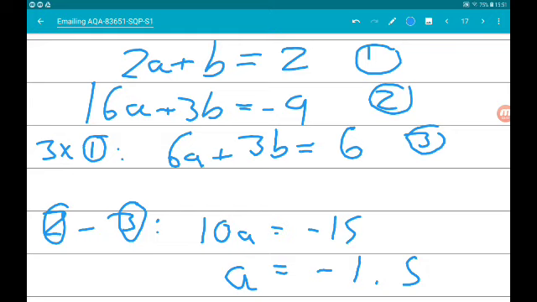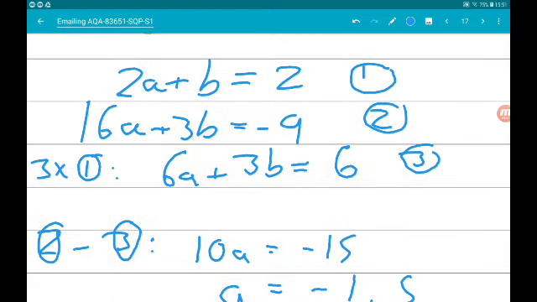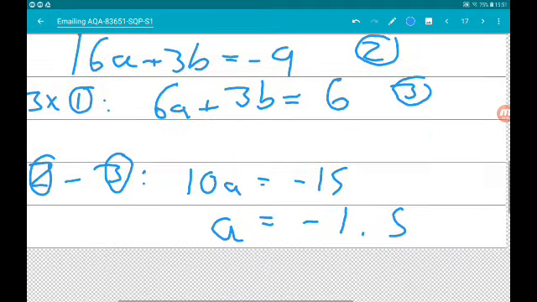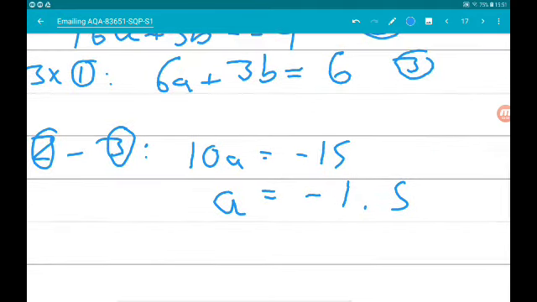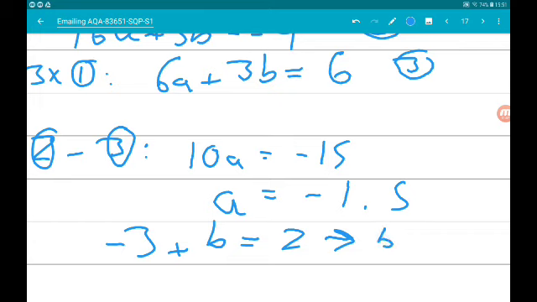Now we can find b. So we know that 2a add b is 2. So 2a is minus 3. So minus 3 add b is equal to 2. b is equal to 5.